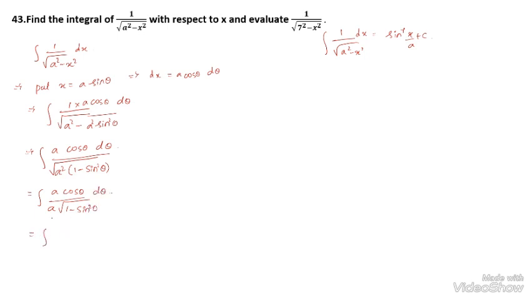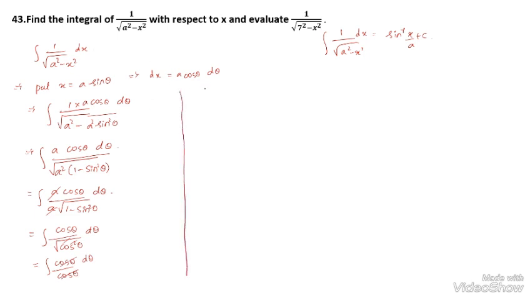That is, here a gets cancelled. 1 minus sin square theta will be cos square theta. Root gets cancelled into d theta. That is integration of cos theta divided by cos theta into d theta. This one gets cancelled.